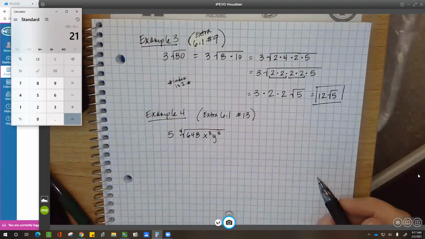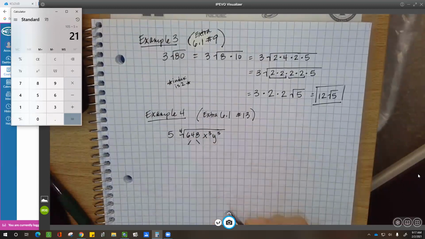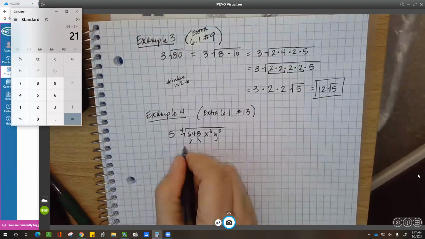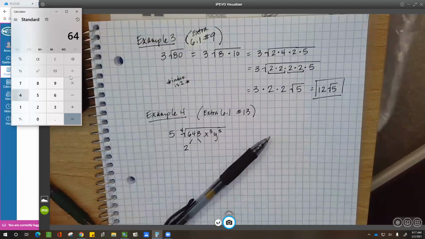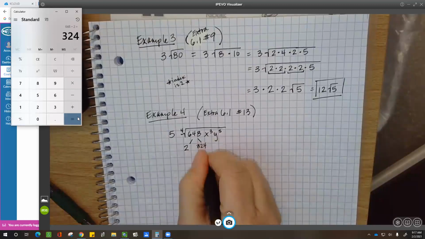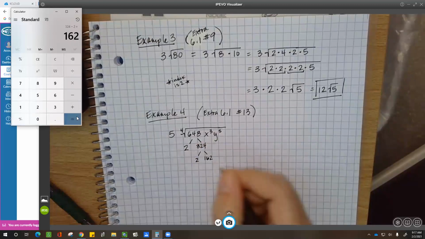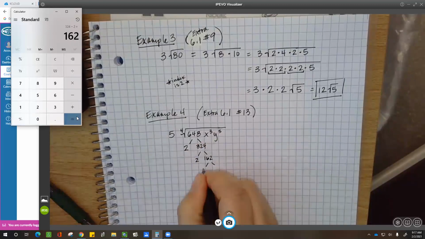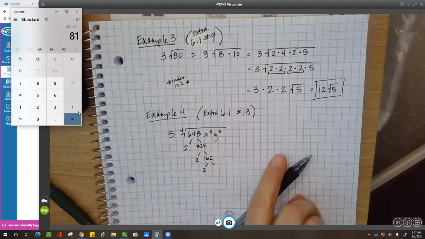Okay, so I'm going to use factor trees. This may be more familiar to you. If you want to write it this way, that's fine. This is even. I'll divide by 2. 648 divided by 2. 324, which I can divide by 2. 162, which I can divide by 2. 81. 81, I know that one.